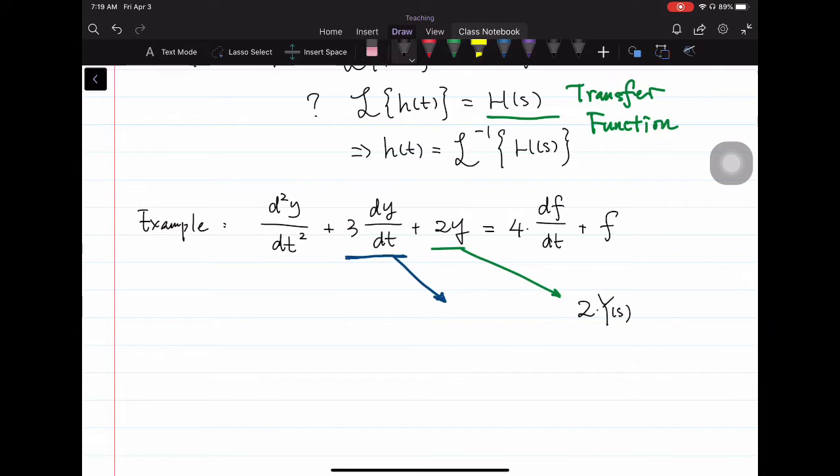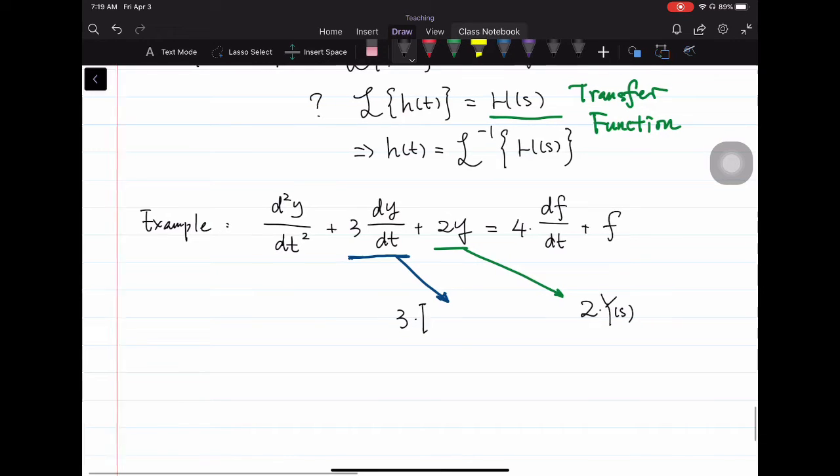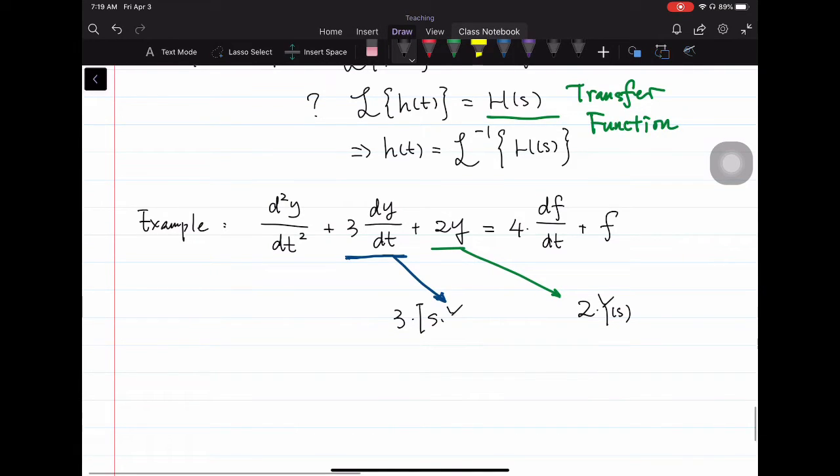this is where we use one of the properties that we discussed on Tuesday. This is equal to 3 times s times Y of s minus the initial condition of y, y of 0 minus. Of course, they'll be connected with the plus sign.